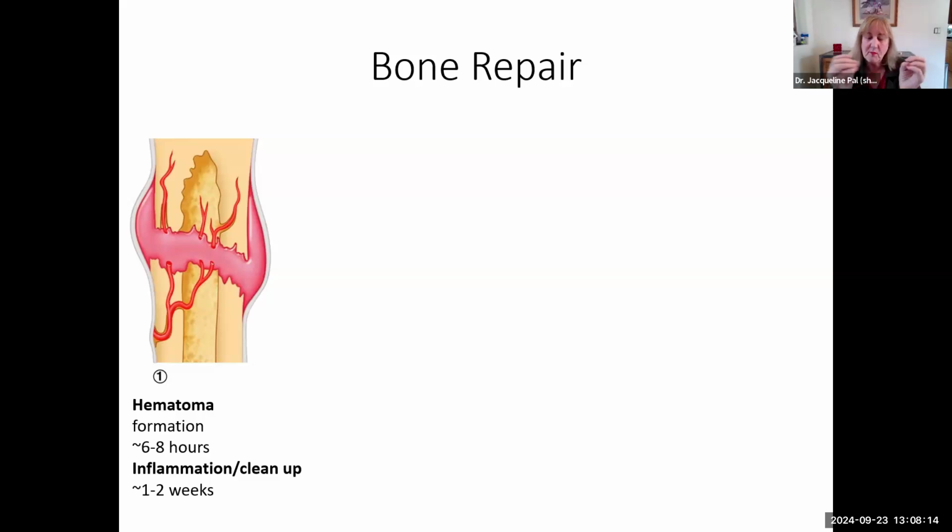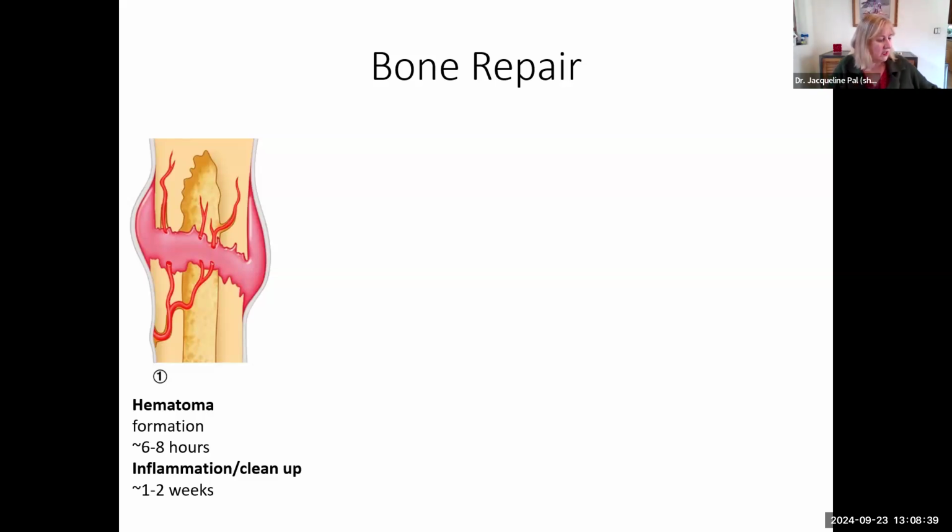And so that blood's going to continue to leak for about 6 to 8 hours, and it's going to form a blood clot in the soft tissues, like under the periosteum, as well as between the bony fragments. And this blood clot in the tissue is known as a hematoma.